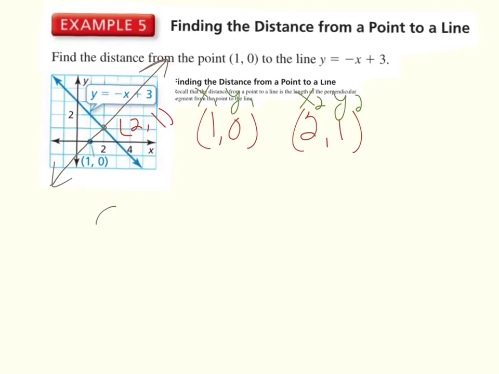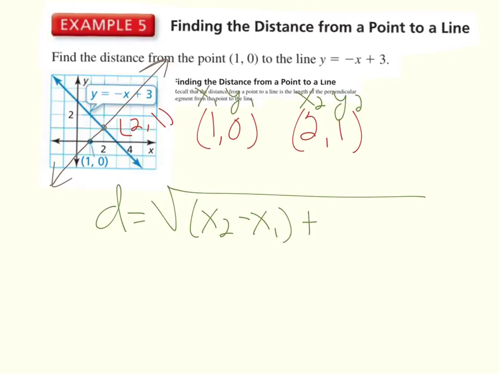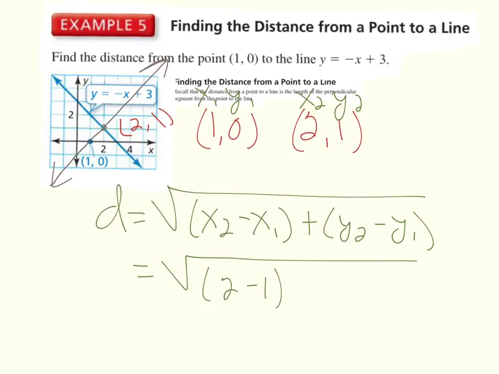Now we all know that the distance formula is the square root of (x sub 2 minus x sub 1) plus (y sub 2 minus y sub 1). All we have to do now is plug the values in. My x2 value, if you look up here, is 2, so it's going to be 2 minus 1. Don't forget we should put the squares up here. I forgot that, I rushed through it. So this should be squared, and then this will be 1 minus 0 squared.